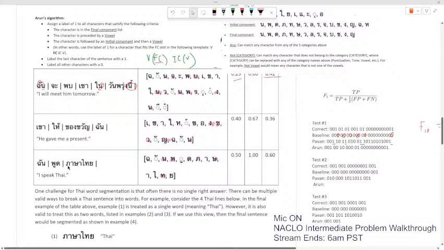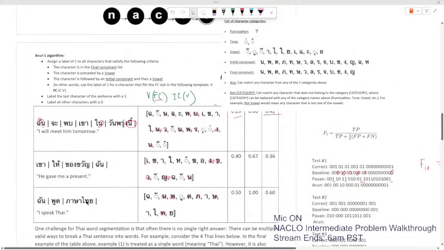Then we have that's followed by a vowel, preceded by, no. This one is followed by vowel, vowel. This is there again, but after that should be a vowel.